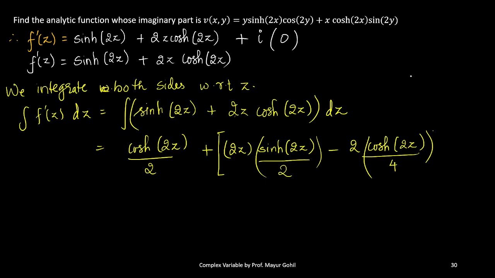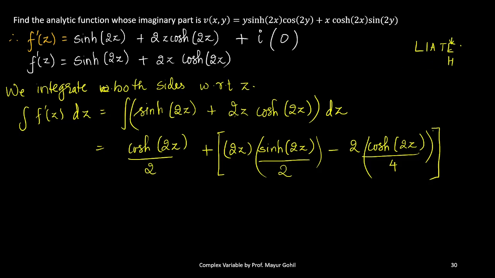How it is done is we have everything arranged as per the LIATE rule, LIATE. And here cos h 2z is nothing but hyperbolic, so you can replace it accordingly.